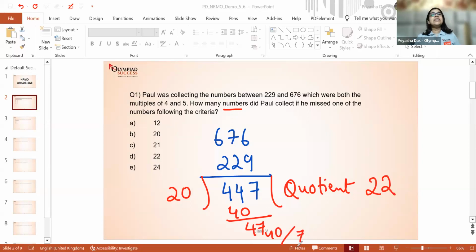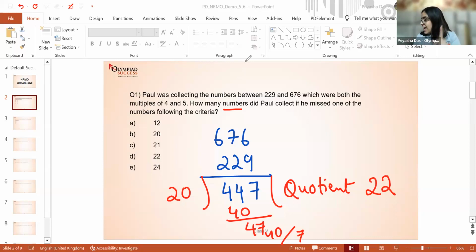That means remainder is 7, quotient is 22. So there are exactly 22 numbers. Very good, Om, Pranil, very good, Advik. There are 22 numbers which are divisible by 20 and falling in the range of this number.